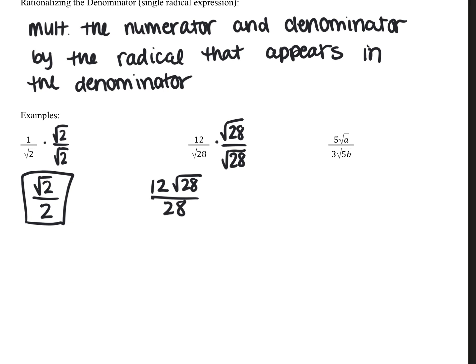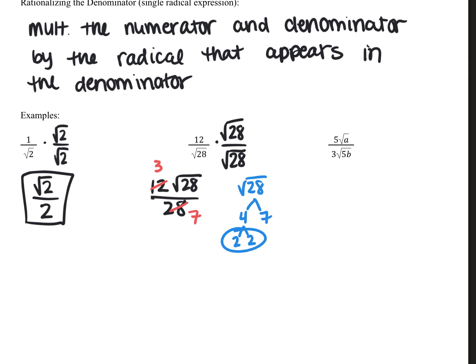I'm going to start by simplifying 12 and 28. Both of those numbers are divisible by 4, and I get 3 and 7. Next, I'm going to simplify square root 28, which I'm going to break down as 4 times 7, and 4 becomes 2 times 2. So I have a 2.